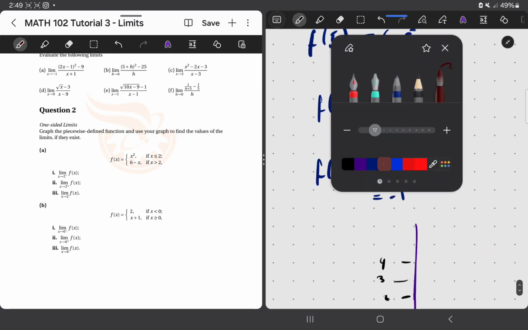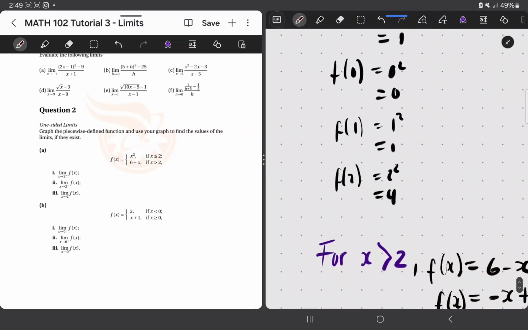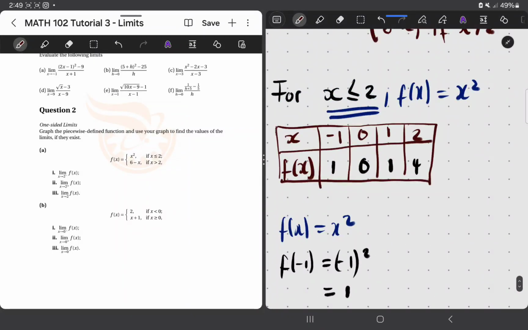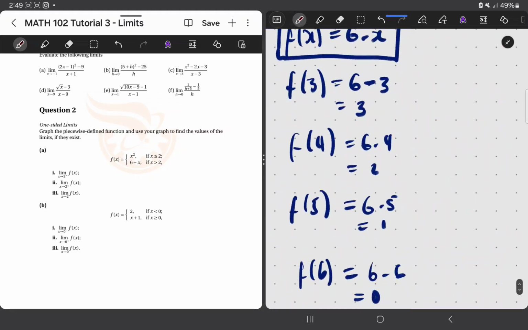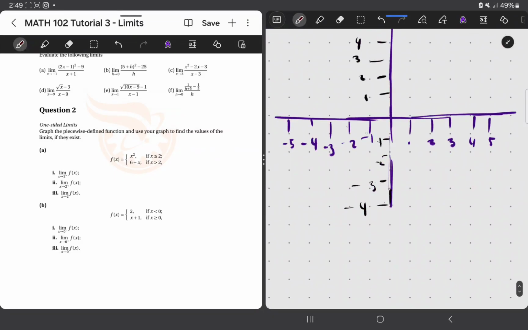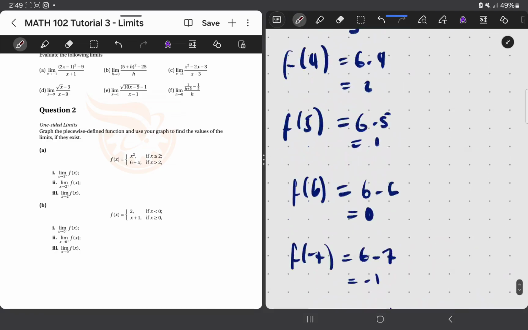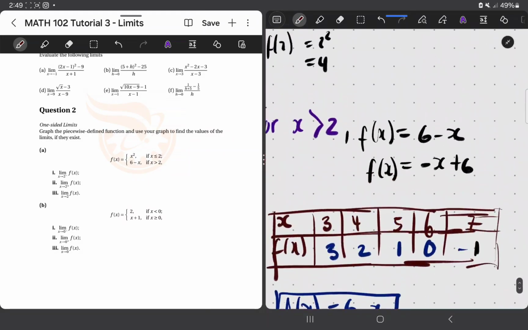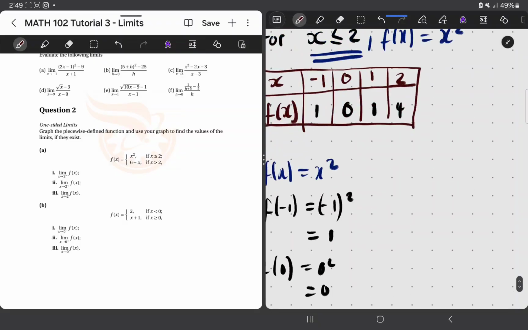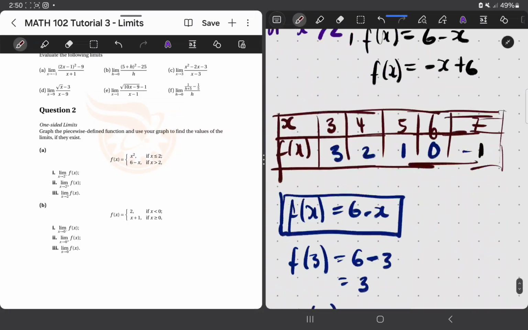So now let's put the points. We start with the x squared one. We have x values minus 1, y 1, then 0, 0. So minus 1, 1 is going to be here. Then 0, 0 is going to be here. Then 1, 1, and 2, 4.